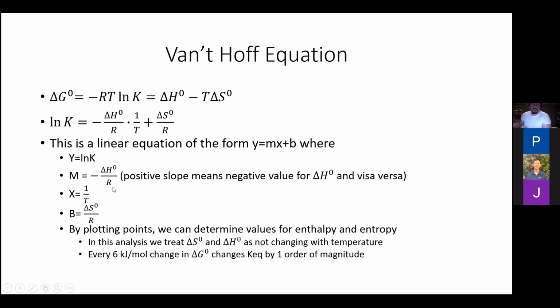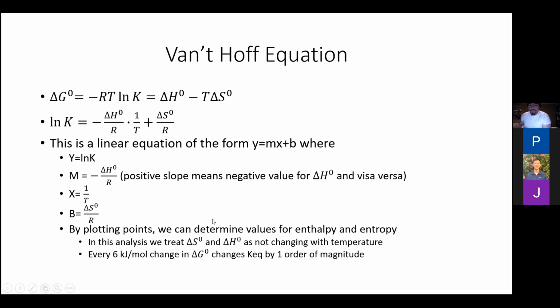Your x is 1 over T, and your y-intercept is delta S naught over R. By running this experiment at multiple temperatures, we can plot points, draw a line through 1 over T versus ln K, and determine the enthalpy and entropy changes.